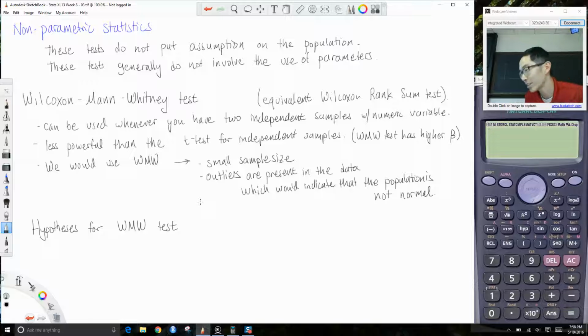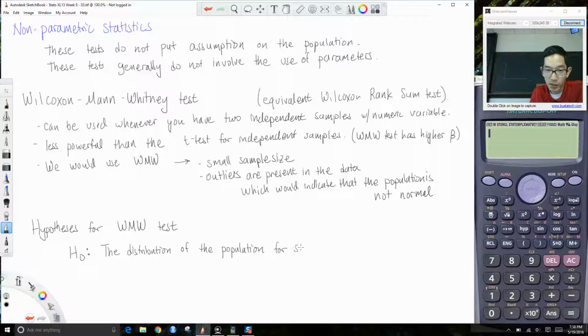And so it's a rather verbose hypothesis, but basically, the null hypothesis will be that the distribution of the population for sample 1 is the same as the distribution of the population for sample 2.